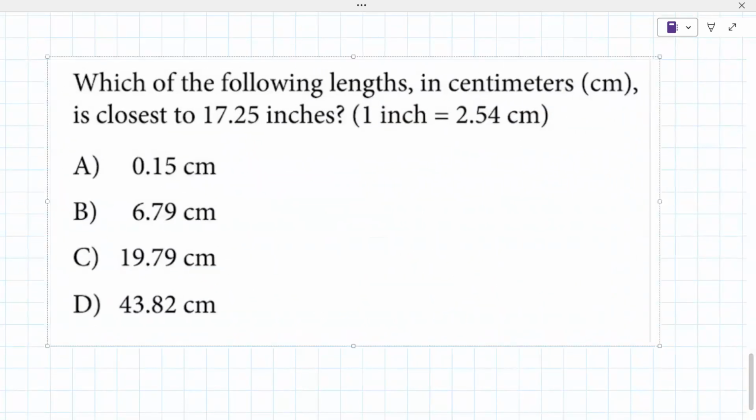Here's another one for you to try. Which of the following lengths in centimeters is closest to 17.25 inches? 1 inch equals 2.54 centimeters.